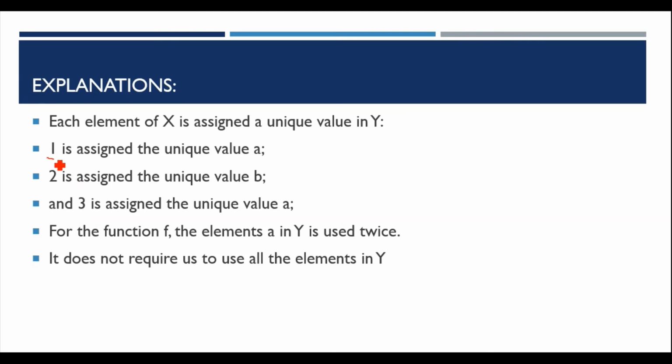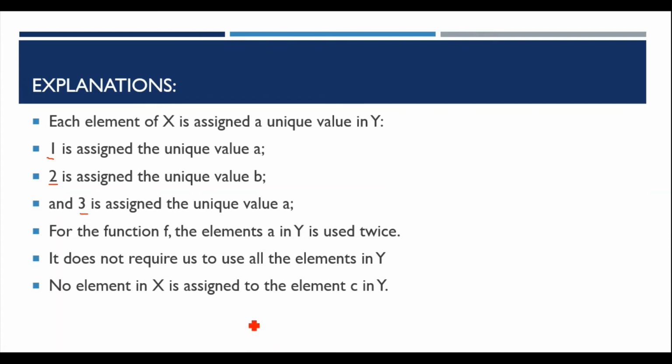Okay, so that is why we have 1, 2, and 3, and each is being assigned to a unique value from codomain Y. And you have also to remember that no element in X is assigned to the element C in Y based on the given function or set of functions.